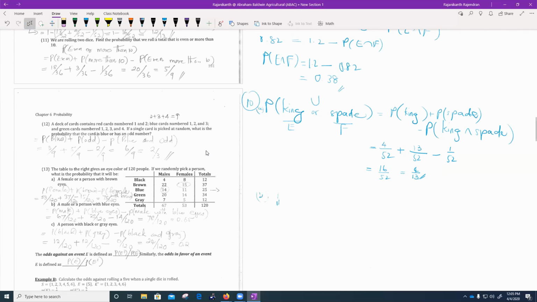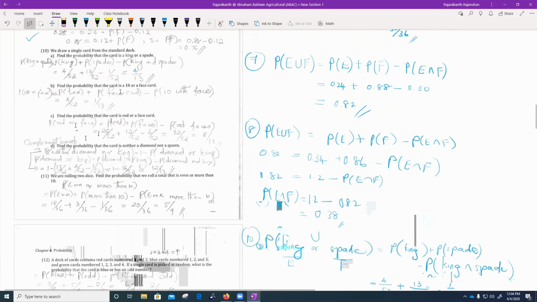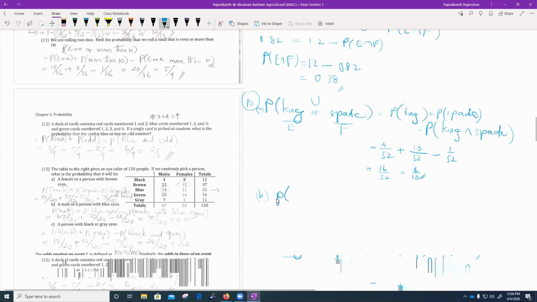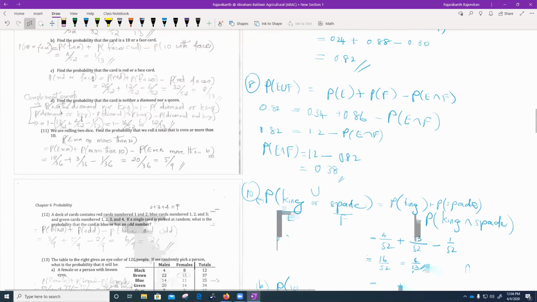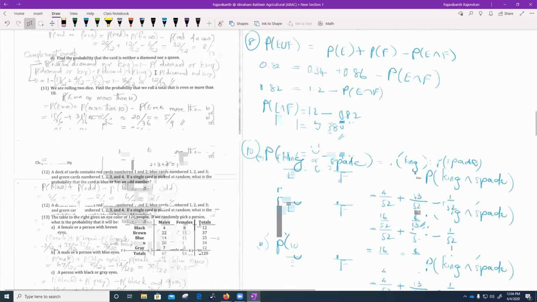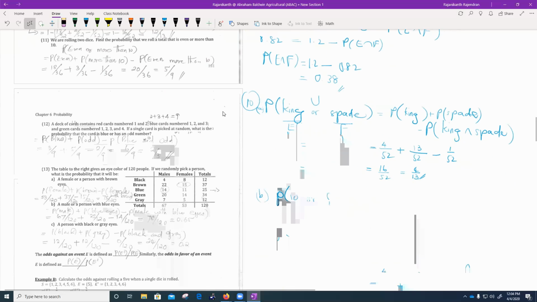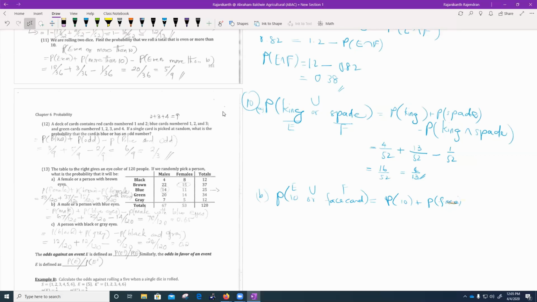Part B says the probability of 10 or face card. So again, you have OR, union. This is your event E and F. So this is the probability of getting a 10, plus the probability of getting a face card. Then you have to subtract the probability of a number 10 with the face.